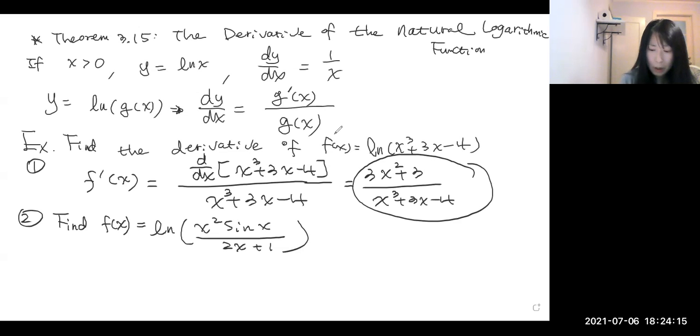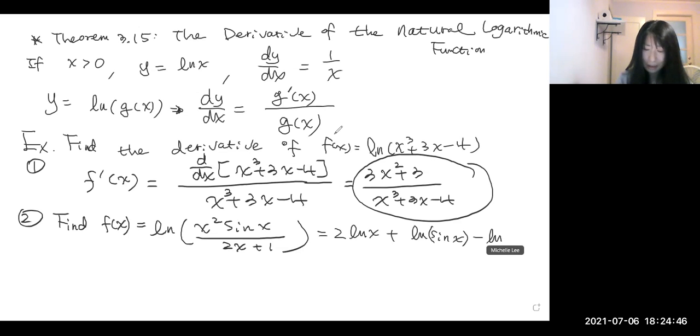So we're going to use that first, by property. So this will be, and then the power we can bring down, right? So 2 ln x, multiplication, addition, and then ln sine x. And then division, we can use a subtraction, which is ln of 2x plus 1, okay?